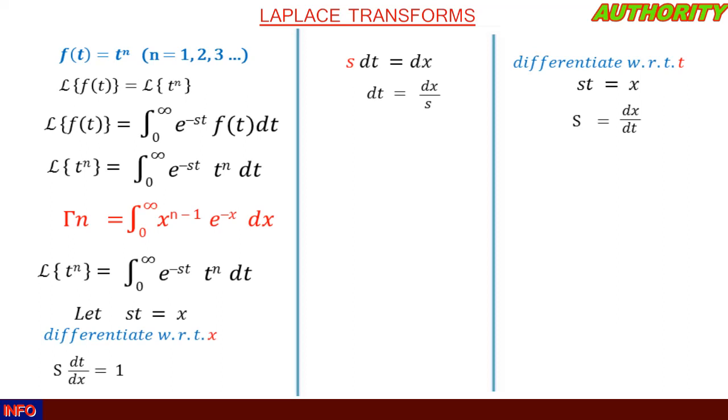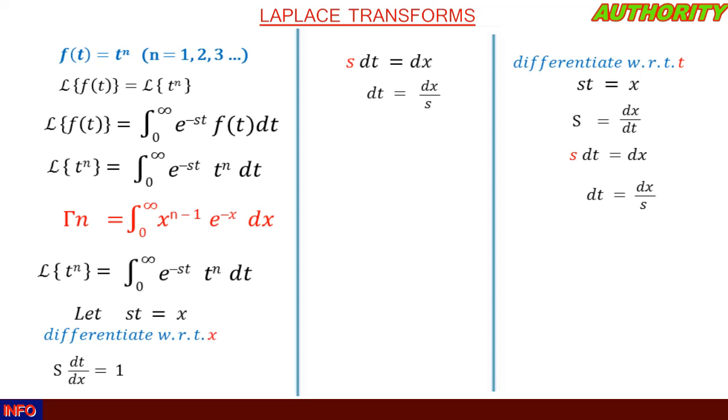We have s is equal to dx all over dt, so we are going to have s dt is equal to dx. Now divide both sides by s. We are going to have dt is equal to dx all over s.